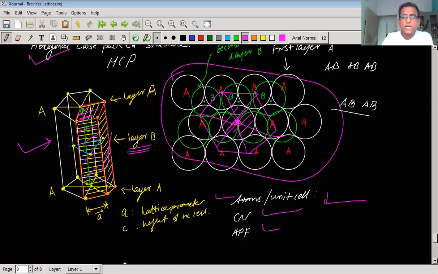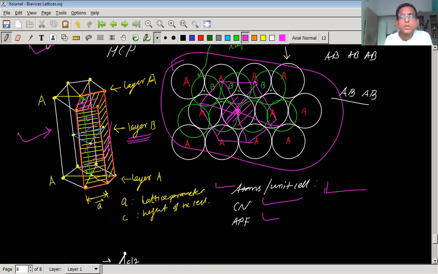So if we visualize the contribution of each atom to a particular unit cell, then you can see where the atoms exist. In the top layer there are 1, 2, 3, 4, 5, 6 atoms at the corners. Similarly, there will be 6 atoms in the bottom, or base.